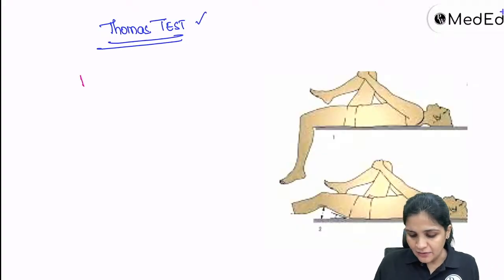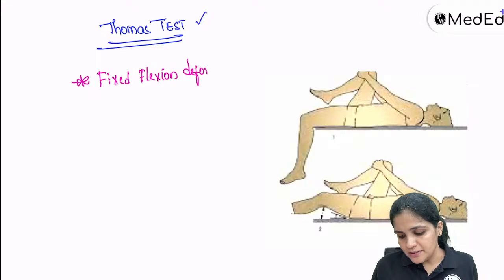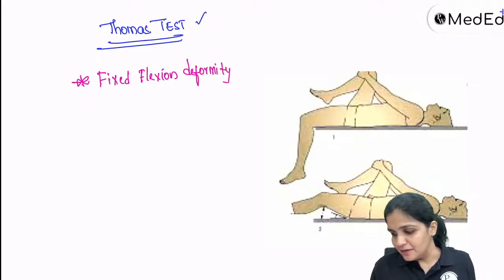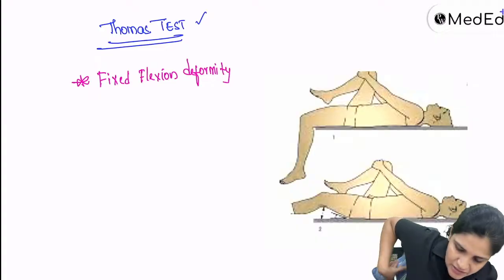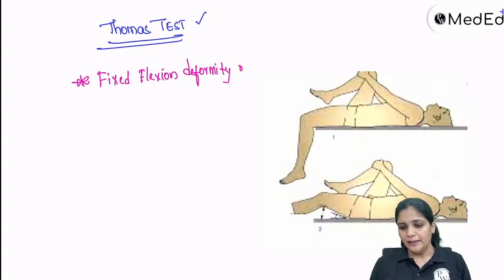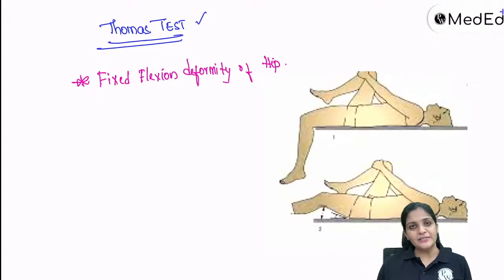Why do we do the Thomas test? The Thomas test is done for identifying the fixed flexion deformity of the hip. What does a fixed flexion deformity mean?